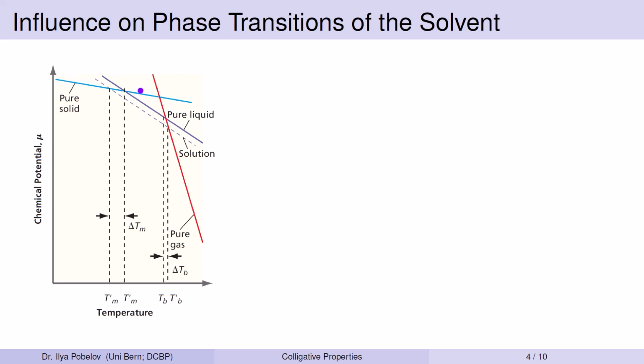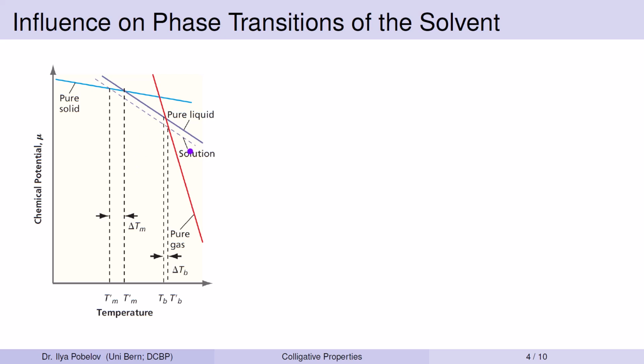Each line's slope represents the molar entropy of the phase. Notably, the solid phase exhibits the smallest negative slope, the liquid phase presents an intermediate slope, and the gas phase has the steepest slope. At certain temperatures, the chemical potentials of two phases become equal, defining the phase transition points, the melting and boiling point.